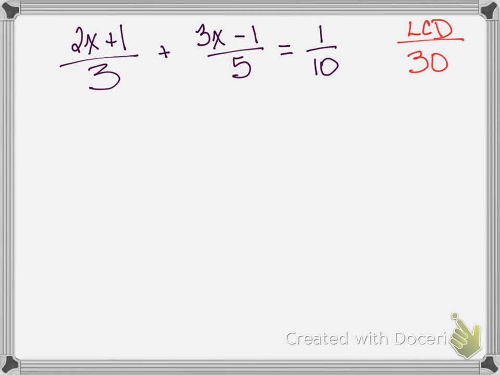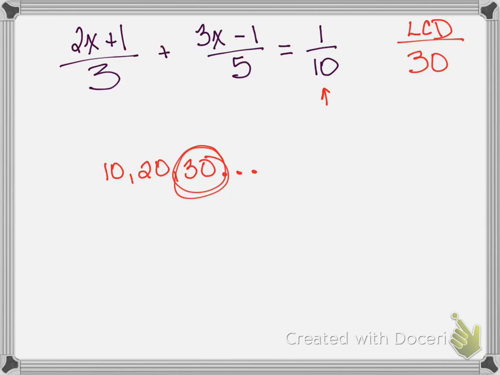If you can't figure out what the LCD is, I would get your biggest number, and in this situation it's 10, and I would start writing multiples of 10. Okay? Just start writing multiples of the biggest one. And then as you look at these, you might be like, oh, 30. So if you get stuck, that's what I would do.